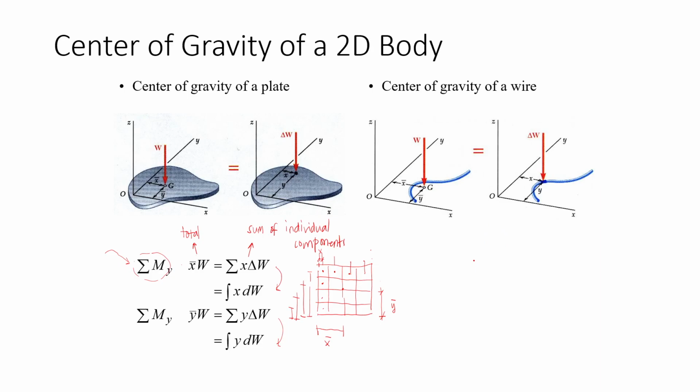Instead of weight, this would become the total area. Bar x times the total area is equal to the integral of x sub c, meaning the centroid of the individual components, or the centroid of your representative strip, times the differential area. Same goes for bar y.